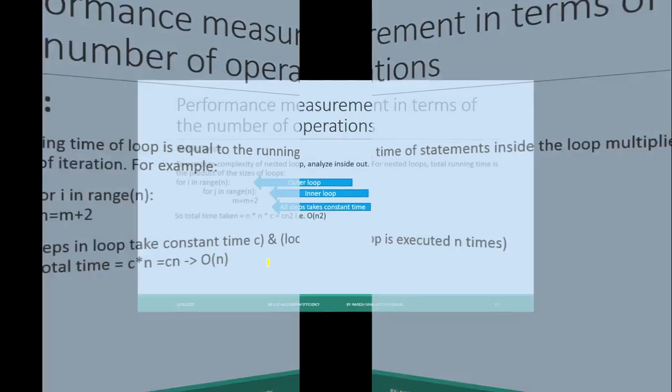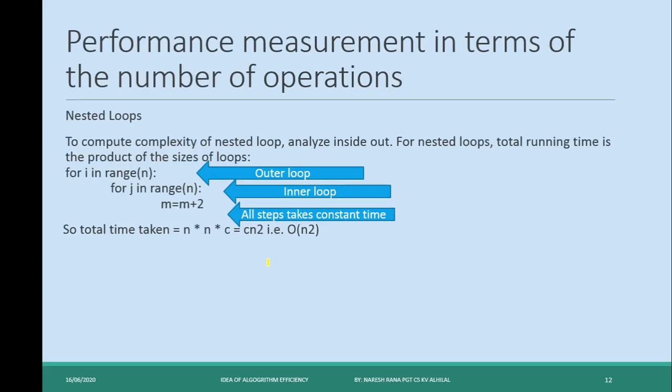Then nested loop. To compute the complexity of a nested loop, analyze inside and outside. For a nested loop, the total running time is the product of the sizes of the loops. So here is for i in range n and for j in range n, m is equal to m plus 2.